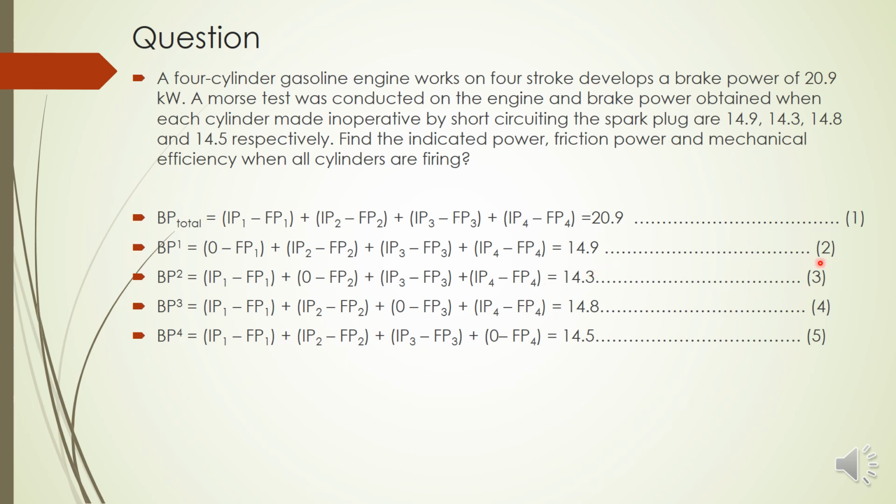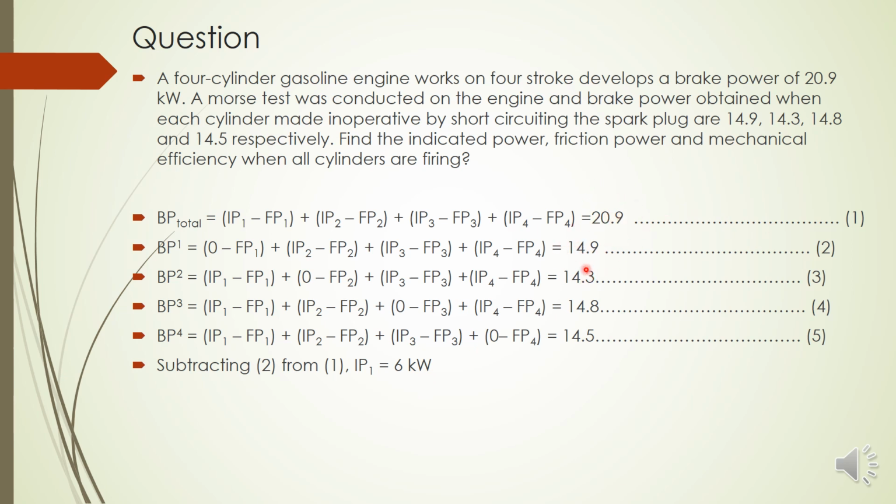You just subtract equation 2 from 1. If you subtract 2 from 1, on the right side we will have only IP1. Only IP1 will remain, all others will become 0. That value is 20.9 minus 14.9.